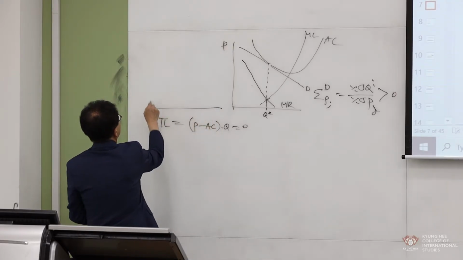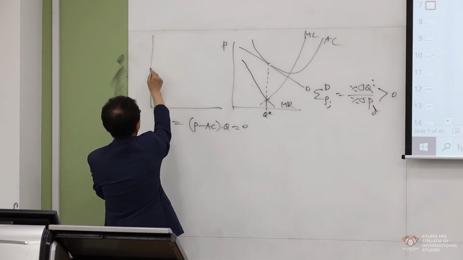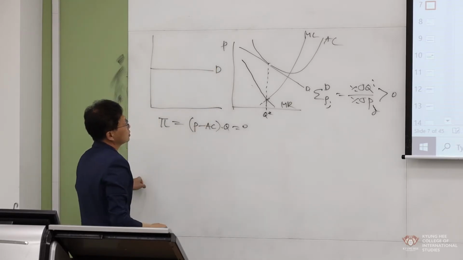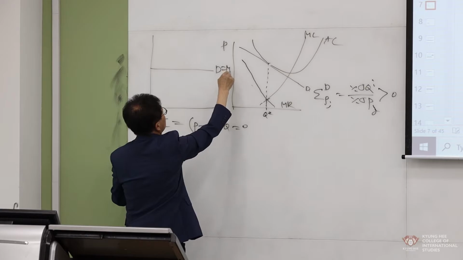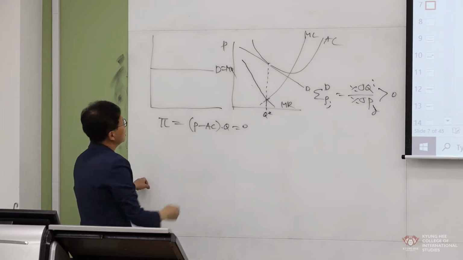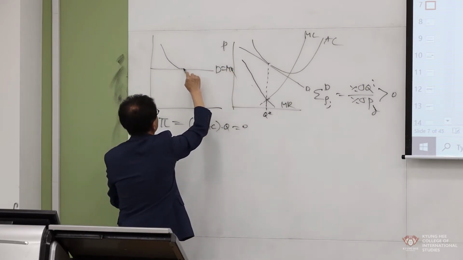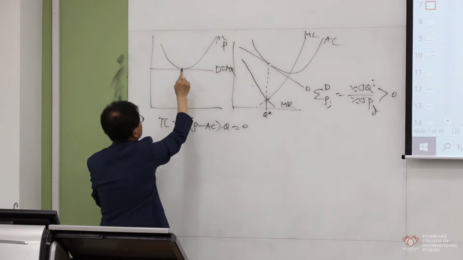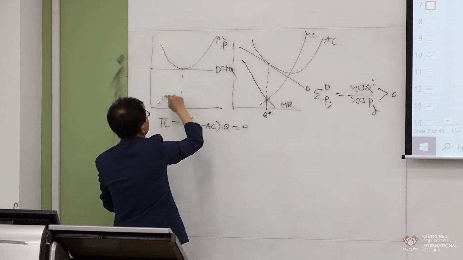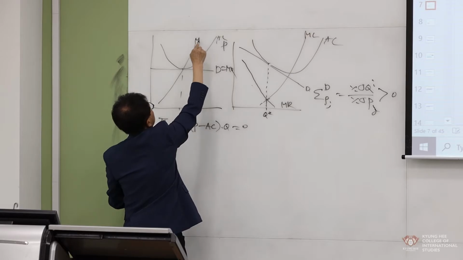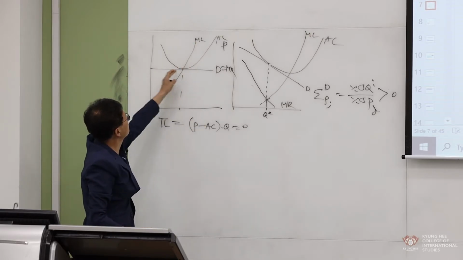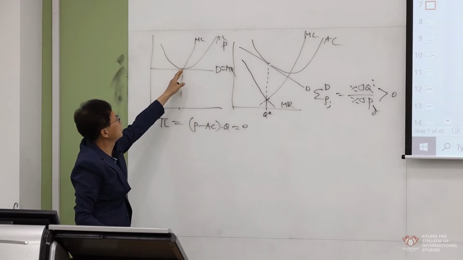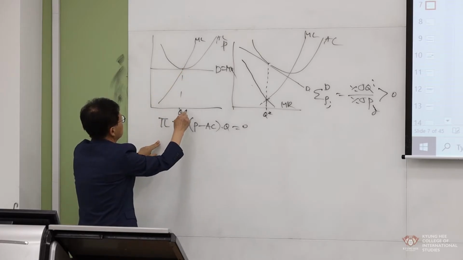So in the perfectly competitive market structure, the firm faces a horizontal demand curve. This is equal to marginal revenue, isn't it? And the average cost curve is like this, and marginal cost is like this. So marginal cost is equal to price, or marginal revenue, when producing Q star.